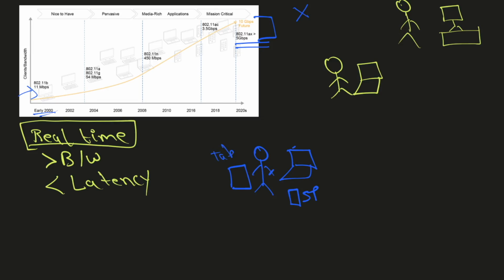And this is really very important for us as network designers and network architects to understand, that this has increased the device density. And in special purpose areas like auditoriums, stadiums, airports, even theaters, the user and device density is even higher.